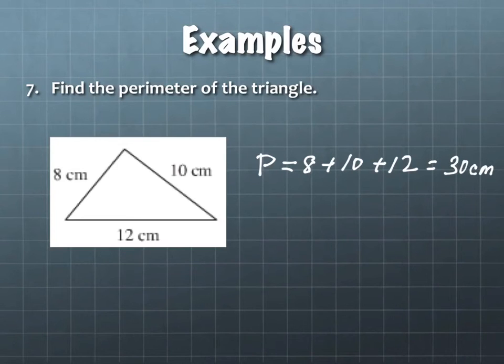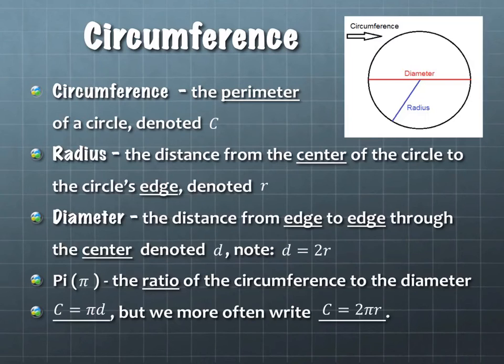I mentioned it already, but we're going to formally introduce the word circumference. Circumference is actually the perimeter of a circle. In the picture in the top right-hand corner, the circumference is the black part around the object, whereas the radius is the distance from the center to the circle's edge.